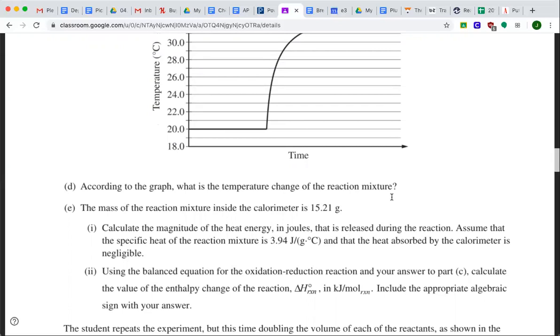So here's what we've got going on: a question that's asking for kilojoules per mole.